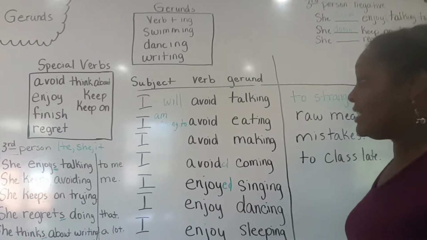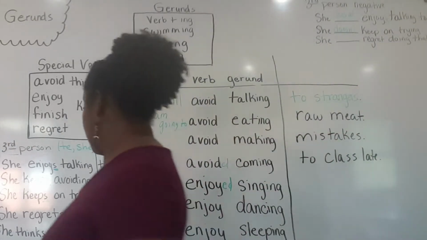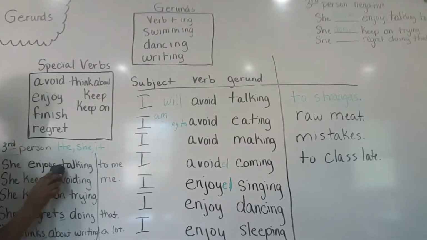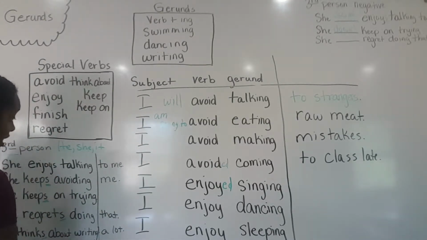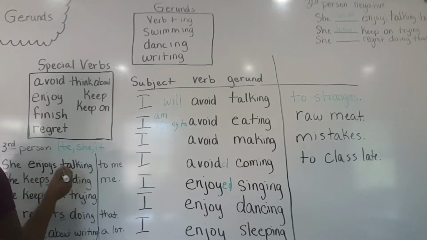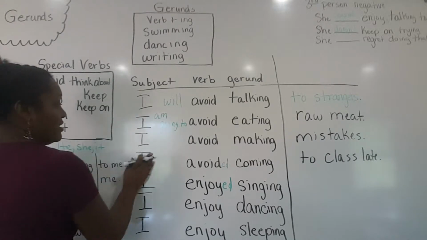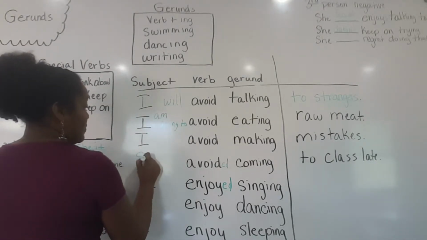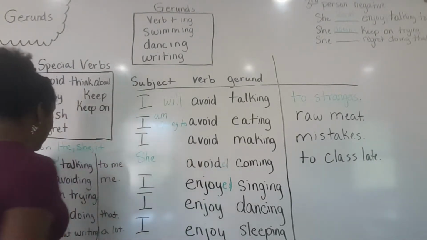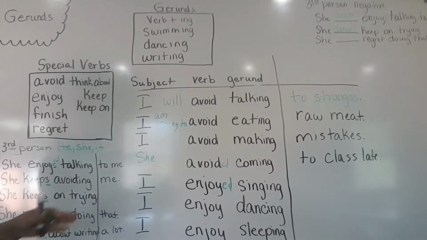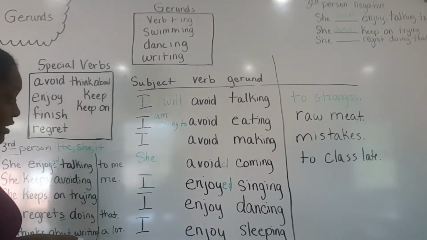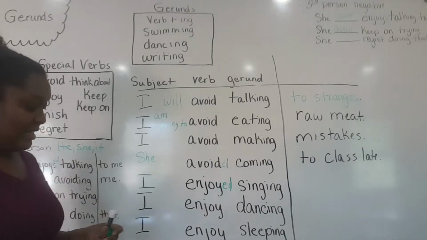If you do past tense with third person, it's the same. You would say she enjoyed talking. No S. So if I want to do past tense here, I would just put she avoided coming to class late. He enjoyed dancing.